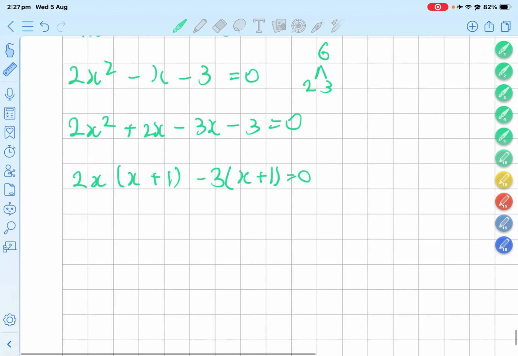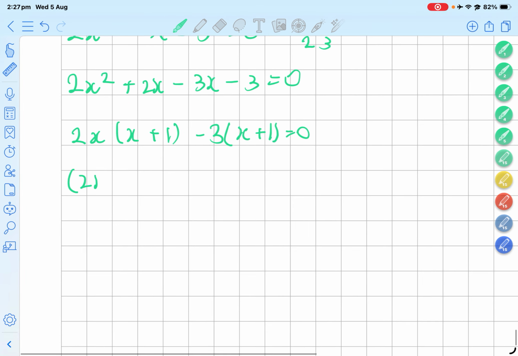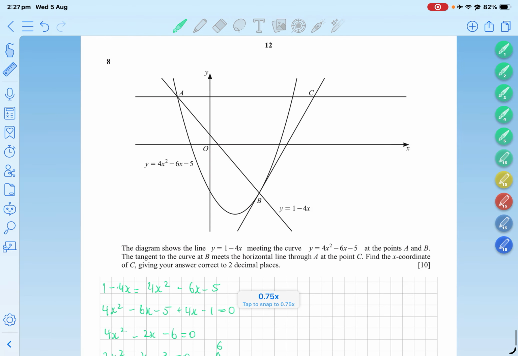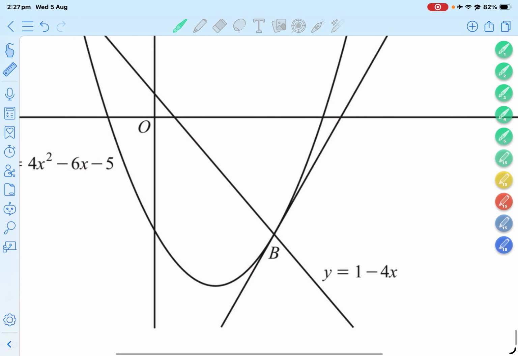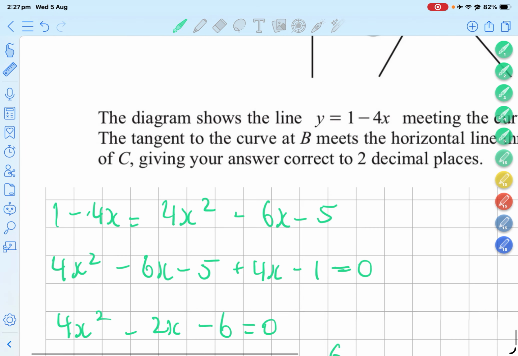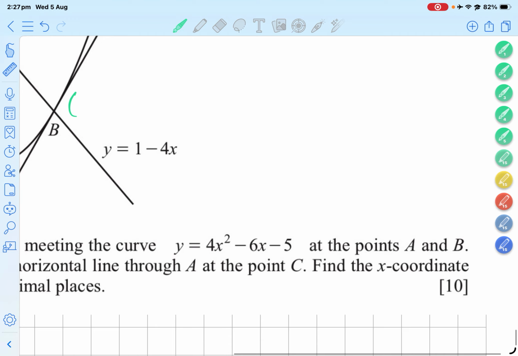So 2x minus 3 and x plus 1 are both equal to 0. So x equals 3 by 2, and x also equals minus 1. So we know that this will be minus 1 comma something, and this will be 3 upon 2 comma something.